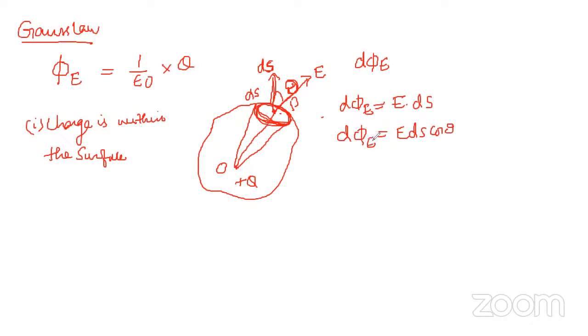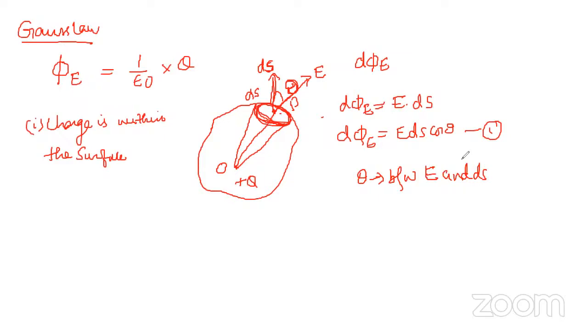So d phi E is equal to E dS cos theta. Make it equation 1. This theta is the angle between E and dS.